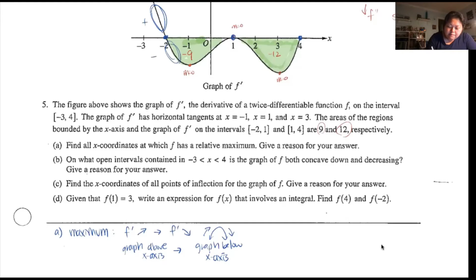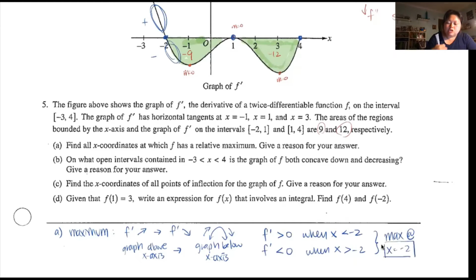So I would say f prime was positive when x is less than -2, and negative when x is greater than -2. Because of these, you have a maximum at x equals -2. And that is your reason for your answer. You need to talk about the fact that it changed signs, or it went from increasing to decreasing, or rather it went from positive to negative.